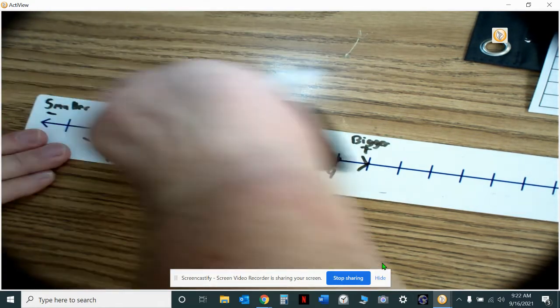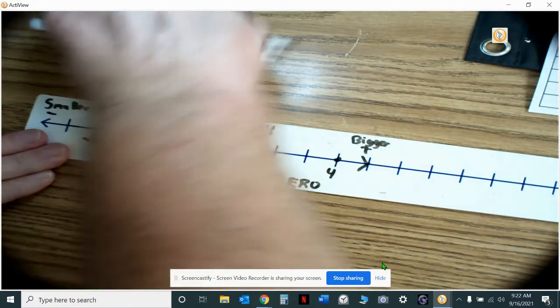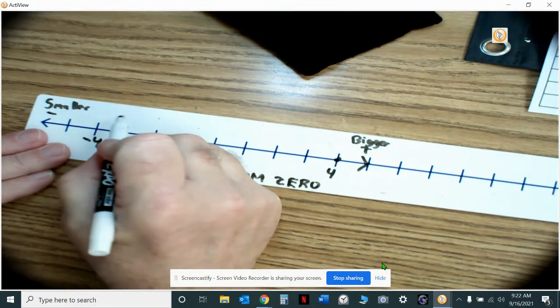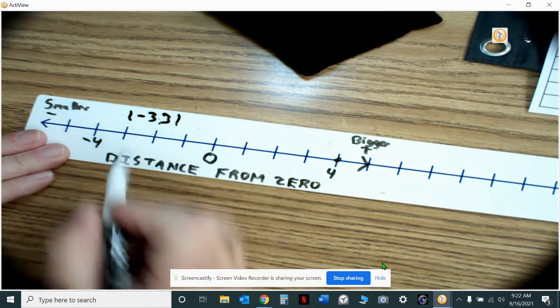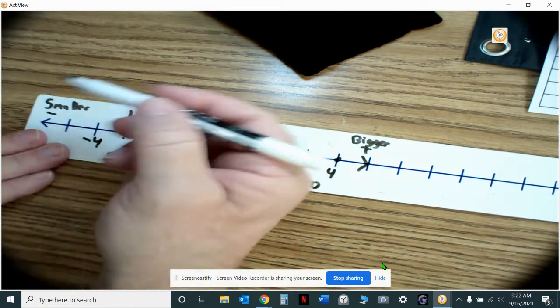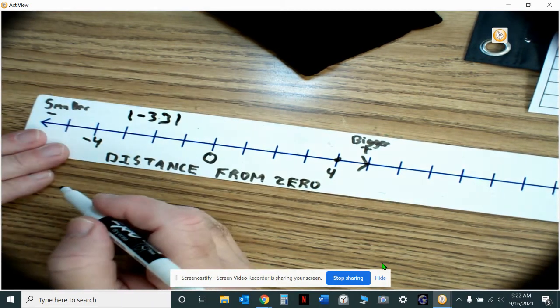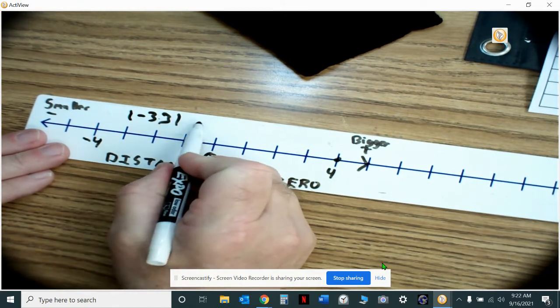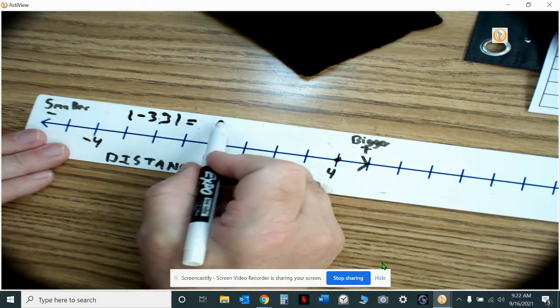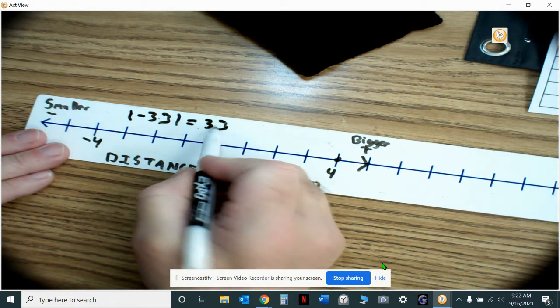Let's do a little bit more. How about the absolute value of negative 33? Well, if I graphed negative 33, it'd be way to the left here on this number line, and it'd be 33 units away from 0. So the absolute value of negative 33 is actually positive 33.